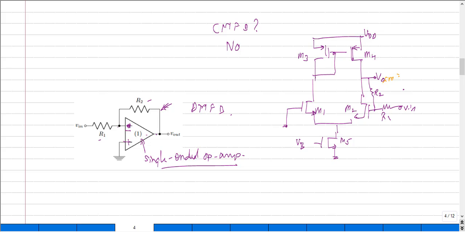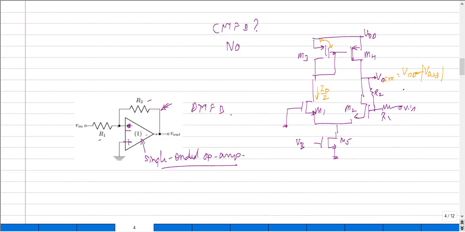As we discussed before, when a current flows across this M3 transistor, which we normally take as I0 by 2, this creates a certain amount of VGS, and the value we end up with at the output node would be defined as VDD minus this VGS3,4. So it's basically a negative sign. This is the actual DC component that we have across the output node, and it serves as a kind of common mode signal.